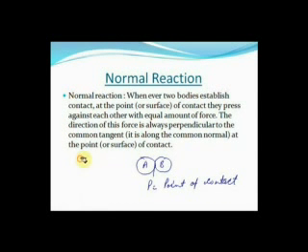So on ball A we have a normal force N1, which is being exerted by ball B, and similarly on ball B we have a normal force N2, which is being exerted by ball A. These two forces are equal and opposite to each other. So we have N1 is equal to minus N2, which also means that the magnitudes of these two forces are equal.